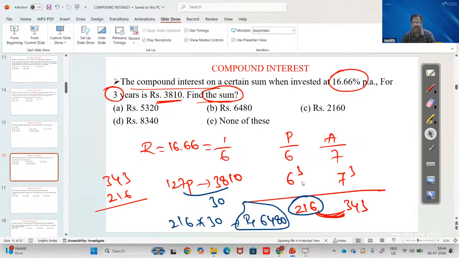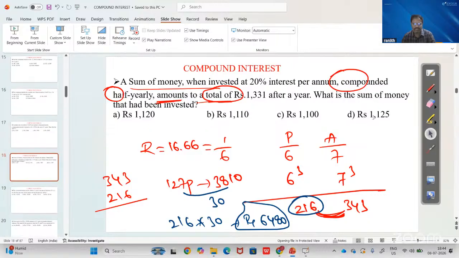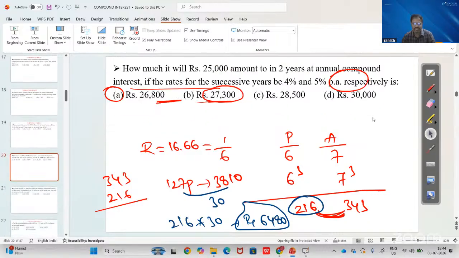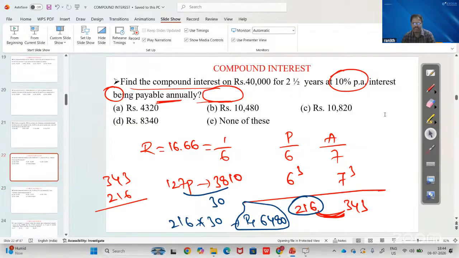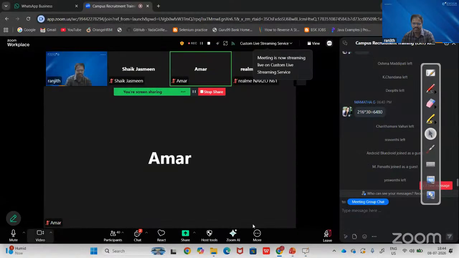So we are finding where one part equal to 30, 30 parts, then principal equal to 216 into 30 equal to 6480. Next. Yes, answer is 6480.